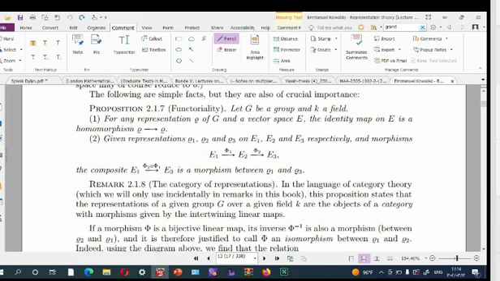Let G be a group and K a field. For any representation rho of G on a vector space E, the identity map on E is a homomorphism from rho to rho, and given representations rho 1, rho 2 and rho 3 on E1, E2, E3 respectively, and these morphisms, the composition phi 2 composed with phi 1 from E1 to E3 is a morphism between rho 1 and rho 3. Let me write this for you.